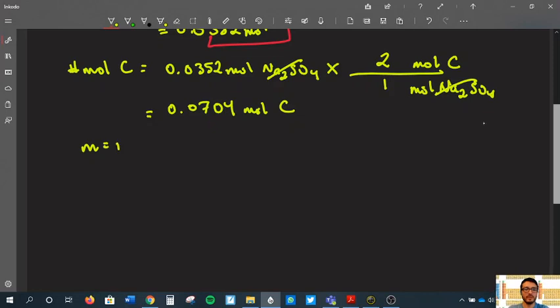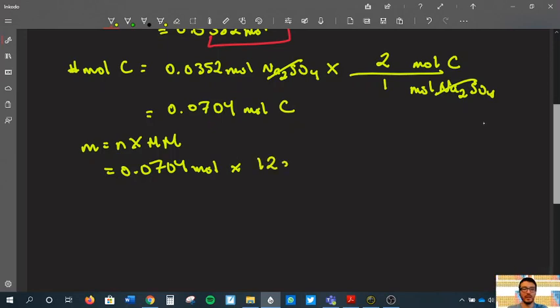Mass is equal to moles times molar mass, so 0.0704 moles of carbon times the molar mass of carbon. Use your periodic table to figure that out, and it's 12 grams per mole of carbon. Notice units cancel out.